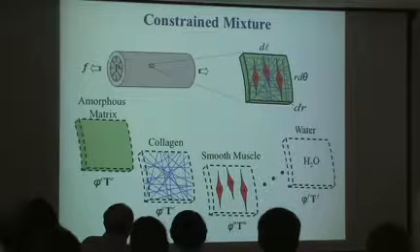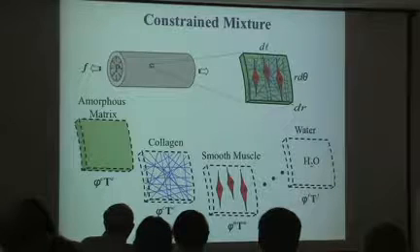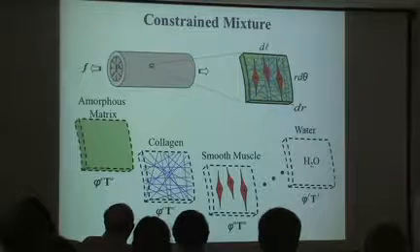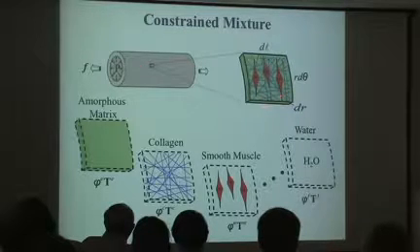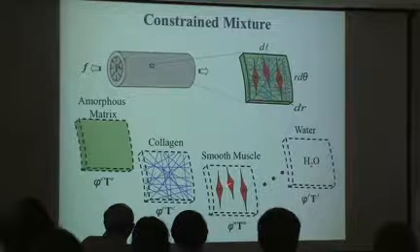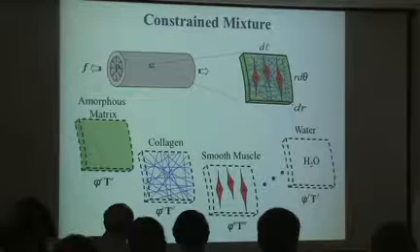And maybe just quickly we'll go through this. One of the frameworks that we use most often is a constrained mixture theory, which is to say that at any local point in a tissue, the individual constituents such as elastin, collagen, and smooth muscle deform as the tissue deforms. They're constrained to deform as the tissue deforms.